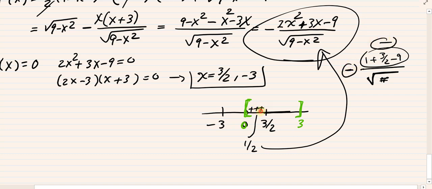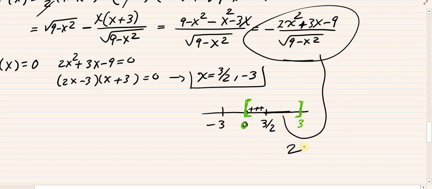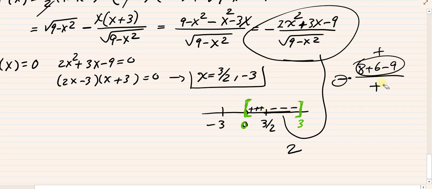Now beyond 3/2, I'm going to try let's say 2 right in here, plug in a 2. So we have negative of, denominator was positive. 2 squared, 4 times 2, 8 plus 3 times 2, 6 minus 9. Now that's going to be positive. Negative times positive over positive will be negative.